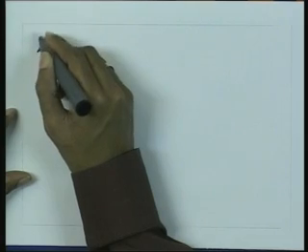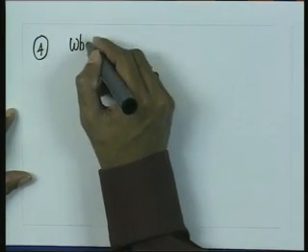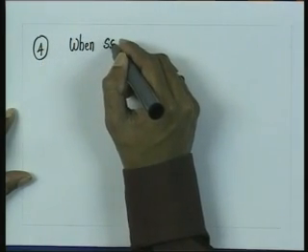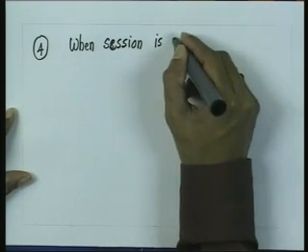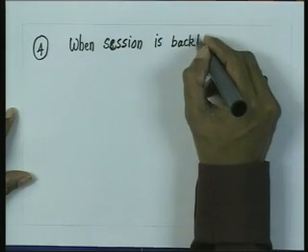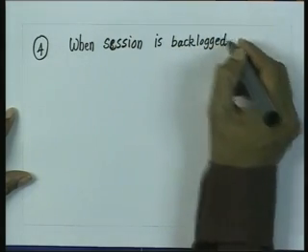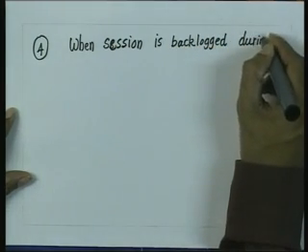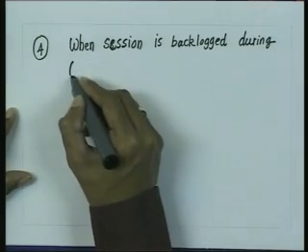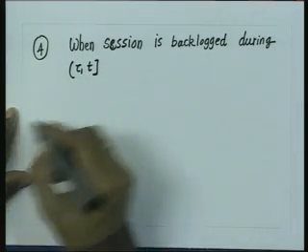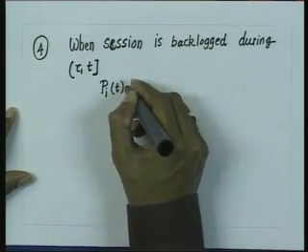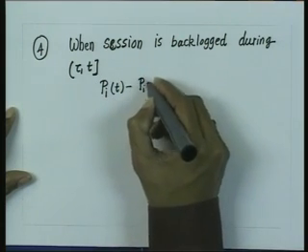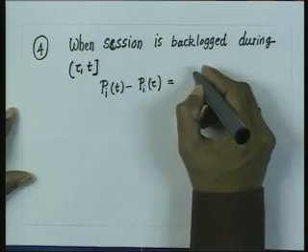However, when session i is backlogged during the interval tau to t, then its potential is updated, as we had already seen, to the normalized service it receives.